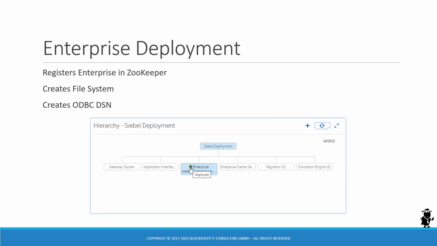Then you go to the deployment page of SMC, you click plus, select Enterprise, and you specify the profile that you created in the previous step and deploy the enterprise using that profile. This will create, if it's a new file system, in place of the primary file system, it will create all these file system subfolders, and it will also create on the machine the so-called enterprise data source using 32-bit ODBC.